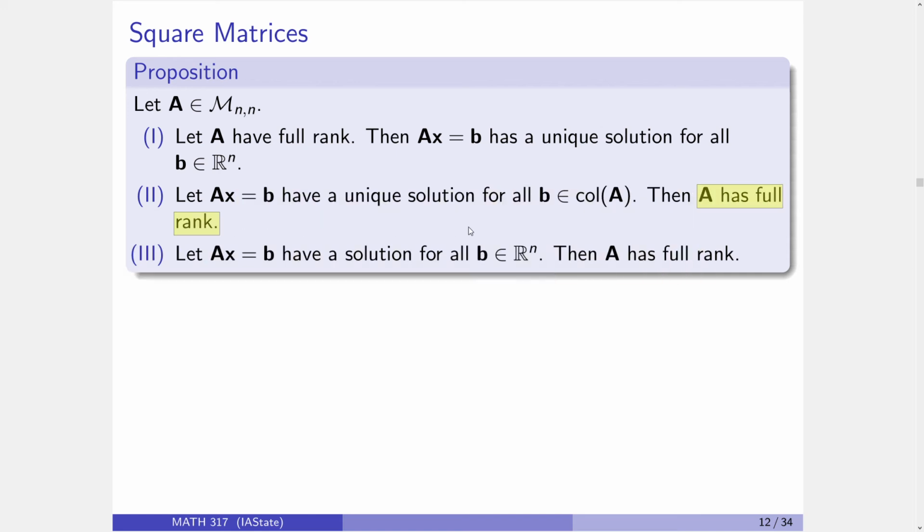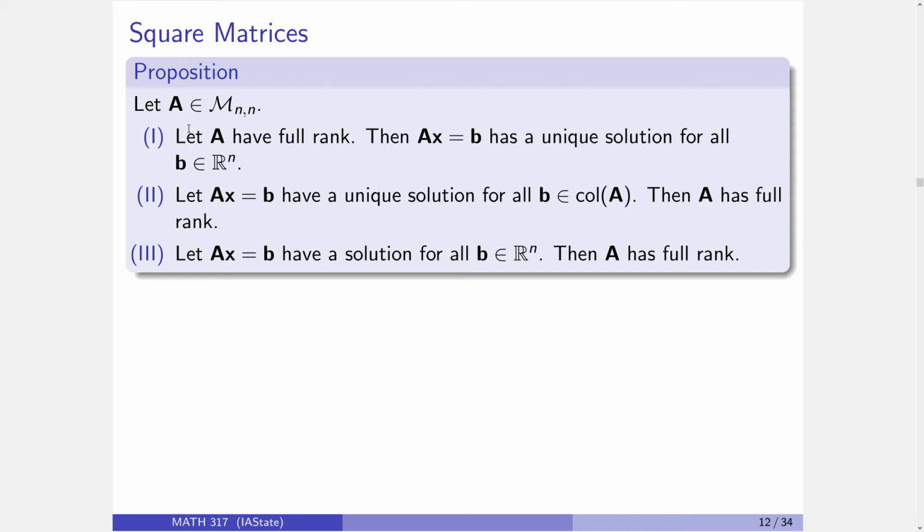So note, that one is for free, we already know that. But the next one is the more powerful one. If you know that Ax equals b actually even just has a solution, then you can guarantee full rank. Note, in a rectangular matrix, we cannot get this.